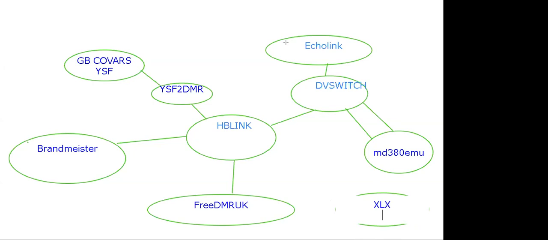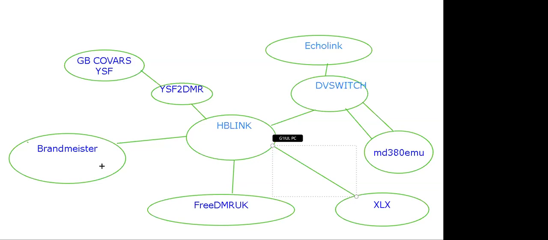So we actually have another link like that. So any traffic that's coming from any of these links, whether it's coming from YSF, Brandmeister, DMR UK, XLX, or Echolink, they will get bridged together.